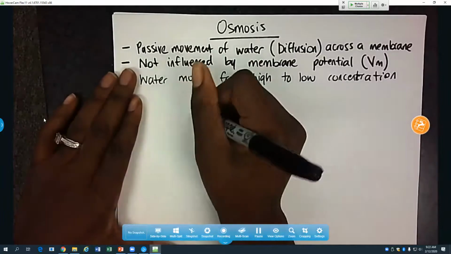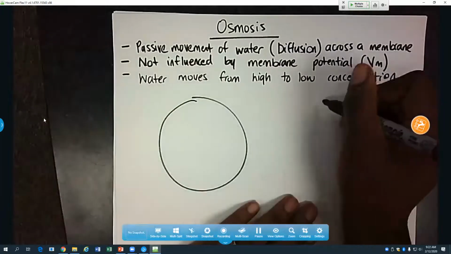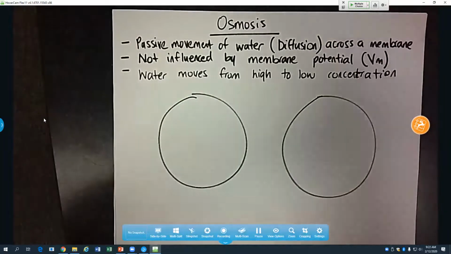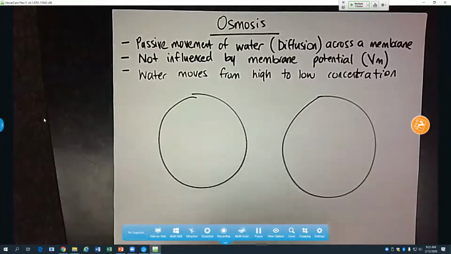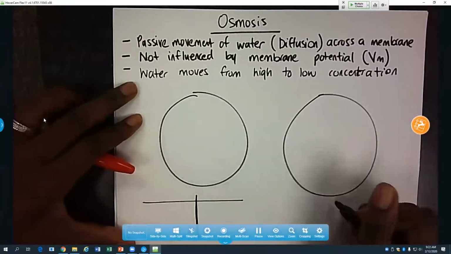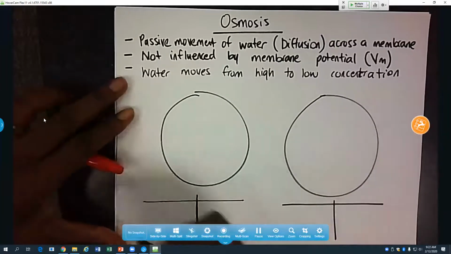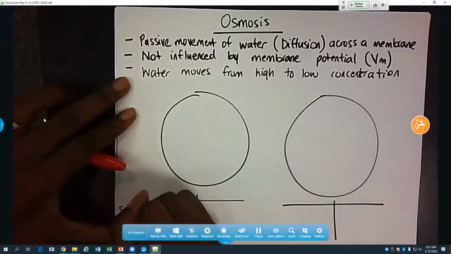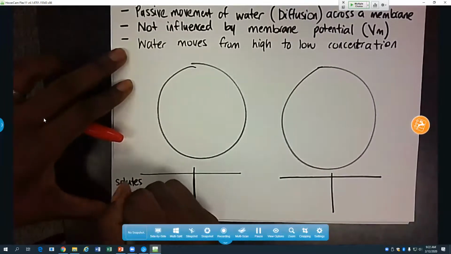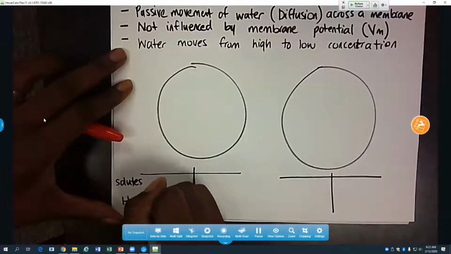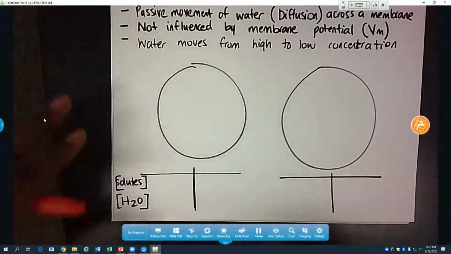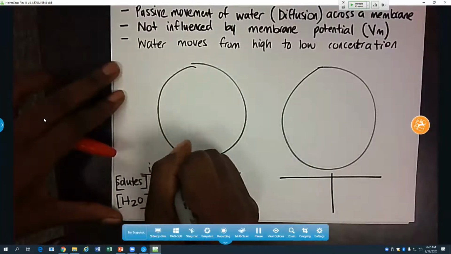Okay, so let's look at two solutions here. Let's describe the relative osmolarity of both of these solutions. Let's describe the number of solutes associated and the amount of water, and then we're going to look at that relatively.